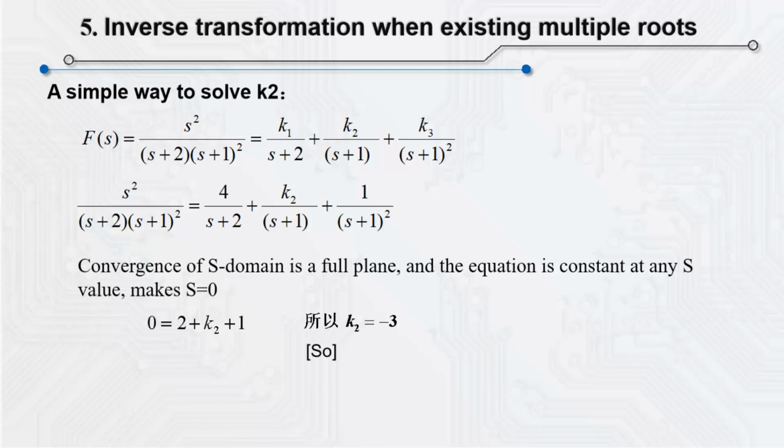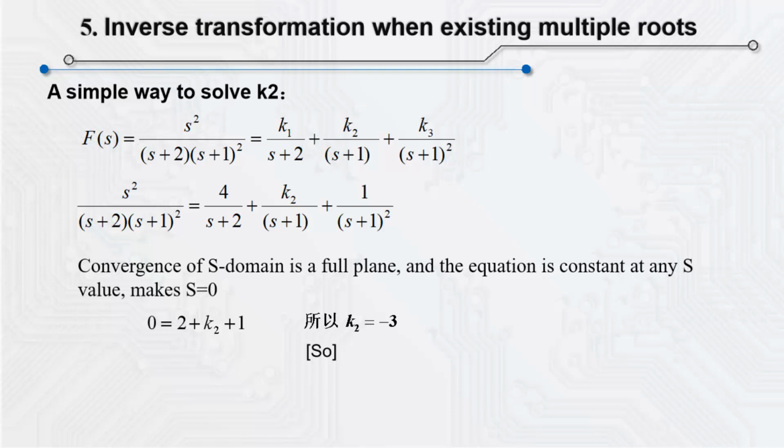Then the previous solution can be written in this form: F(s) = k1/(s+2) + k2/(s+1) + k3/(s+1)^2. Since this holds for the whole s plane, the equation is valid for any value of s.